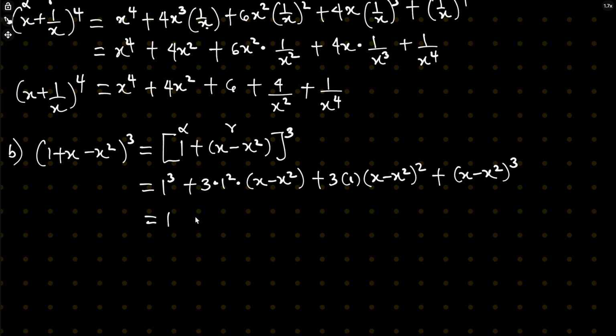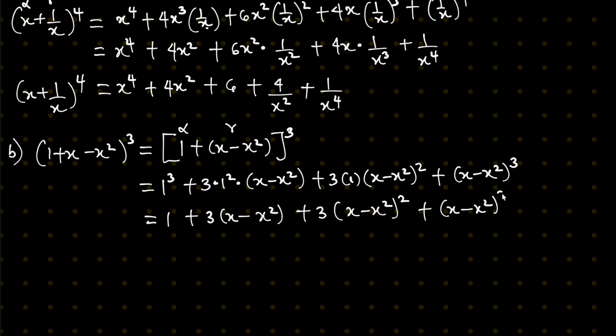1 cubed is 1, plus 1 squared is 1 times 3, you have 3 x all squared plus all to the power of 3. Now we are faced with the second challenge of expanding the third term and the fourth term.